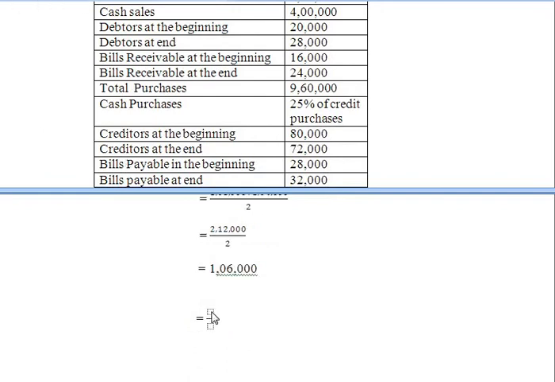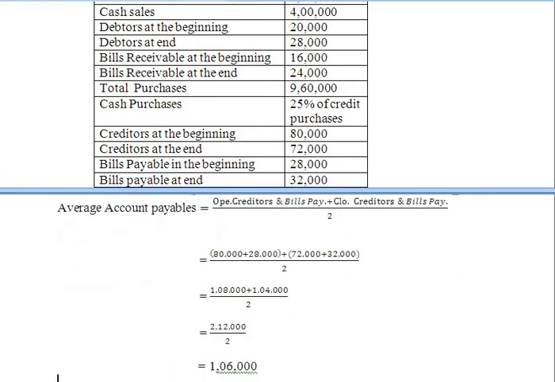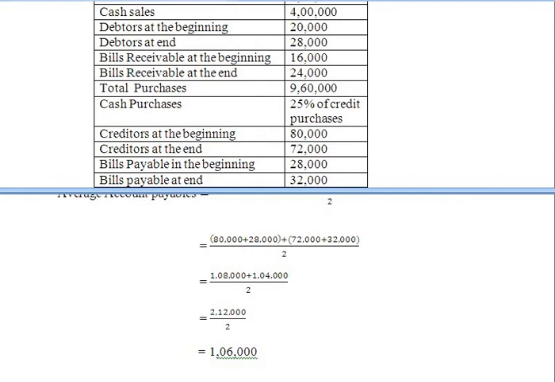Now put both the values into the formula. First is what? Credit purchases. How much are the credit purchases? 7,68,000. And how much is the average accounts payable? 1,06,000.